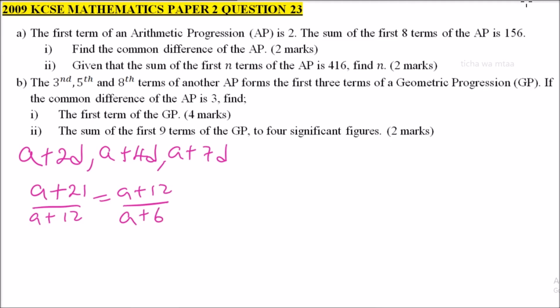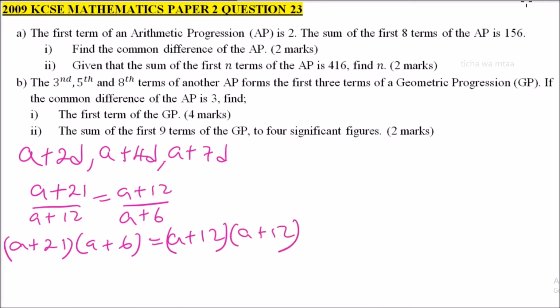So you cross multiply, and you'll be able to get a plus 21 multiplied by a plus 6 is equal to a plus 12 multiplied by a plus 12.